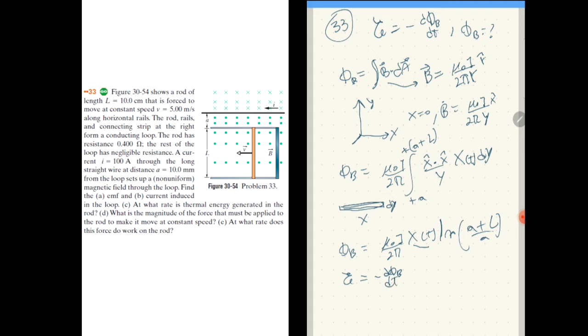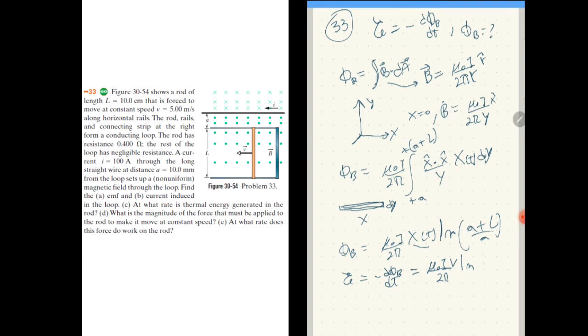And the only thing that depends on time here is actually the x variable. So we get v here, because dx/dt equals the velocity divided by 2 pi, and we can do this logarithm right over here.